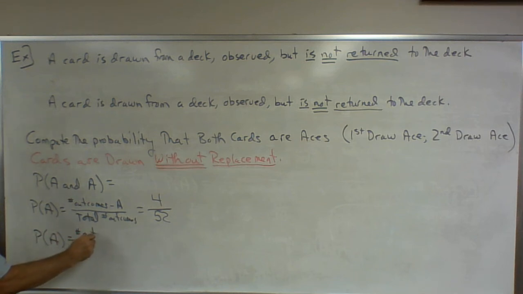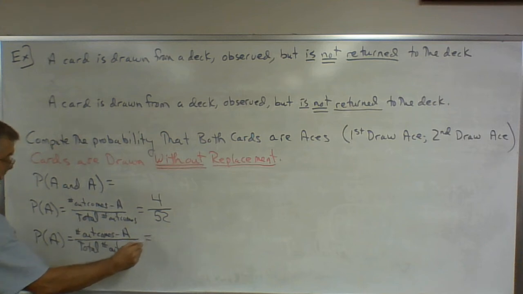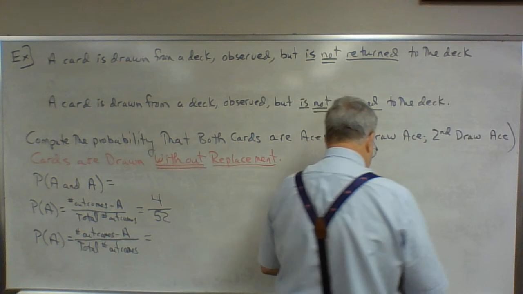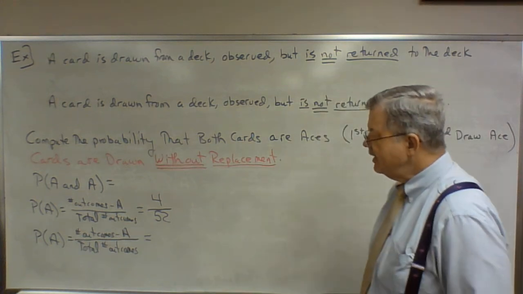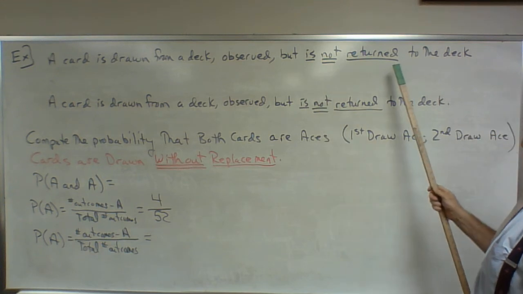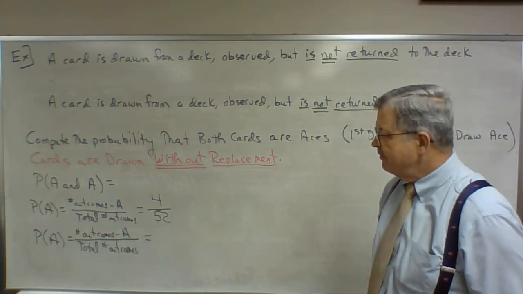Number of outcomes resulting in an ace over total number of outcomes. Here's where it gets tricky. We selected the first card, but we didn't put it back in the deck.